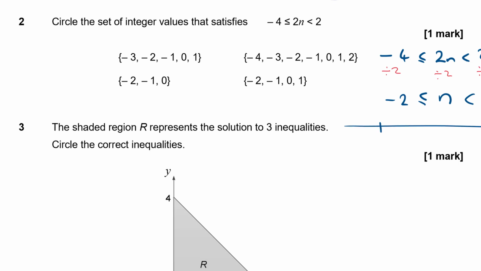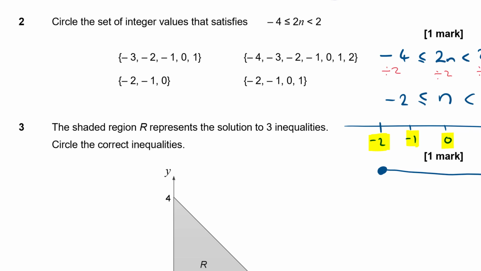So on a number line, -2, -1, 0, 1. Now if I was going to draw it the same way as the question above, I'd have a line spanning between those. At this end I've got a filled circle, and at this end I'd have an open circle, wouldn't I? Now in terms of the integer values, they're the whole number values between those two limits. So -2 is a value that we can have because I've got a filled circle on that end, which means that -2 is included.